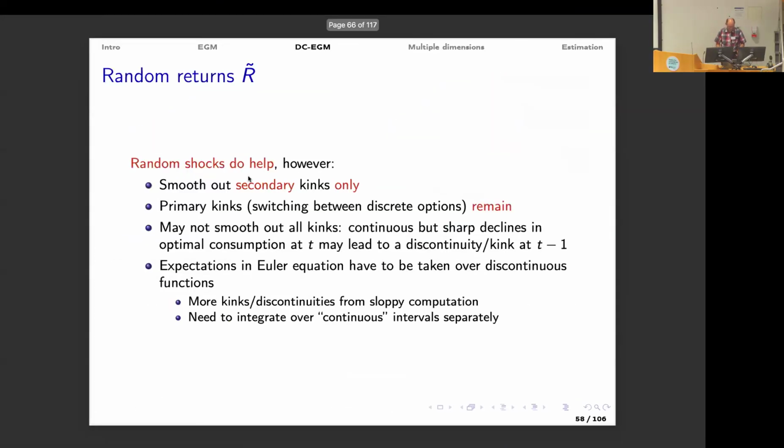Okay. What happens with random returns or any sort of stochasticity in the model? Well, random shocks help. That's kind of the big message. But how much of them you have to have is unclear.